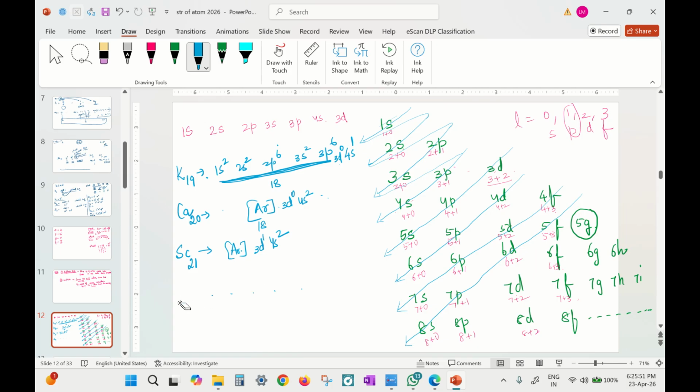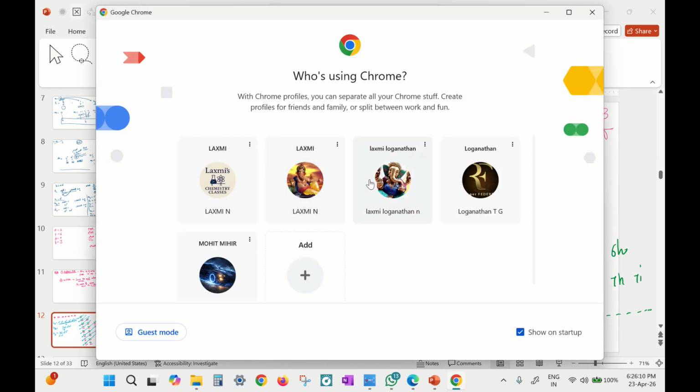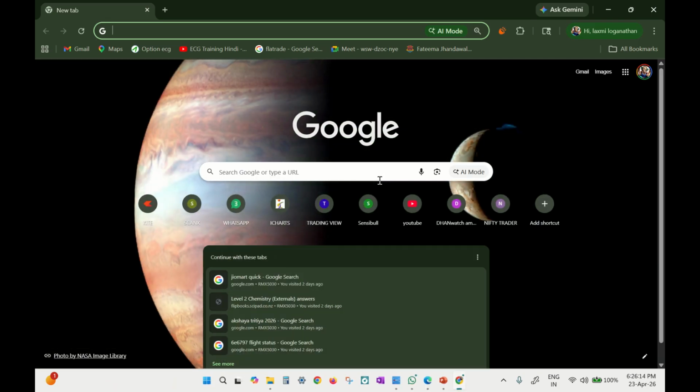Yeah, you can write it fully. See, when you have big elements, I'll just show you the periodic table. Supposing you are writing now the electronic configuration of the 21st element. Think about when you are writing for something like the 100th element.